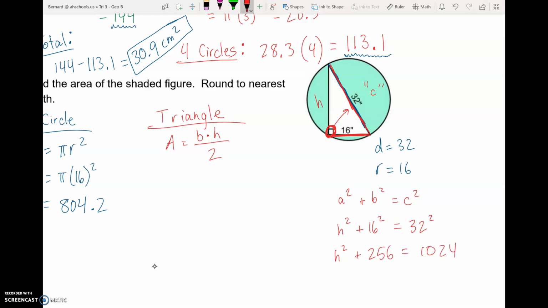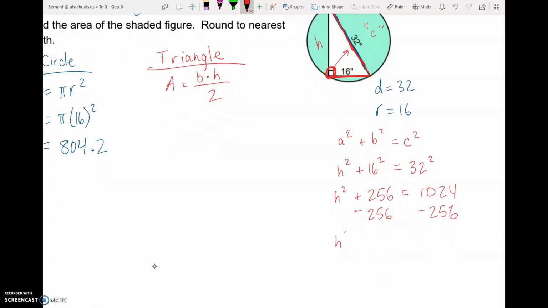We need to get h by itself, so let's subtract 256 from both sides. And that gives me h squared equals 768. And then we will finally square root 768 to get the actual value of h, and that will be 27.7.